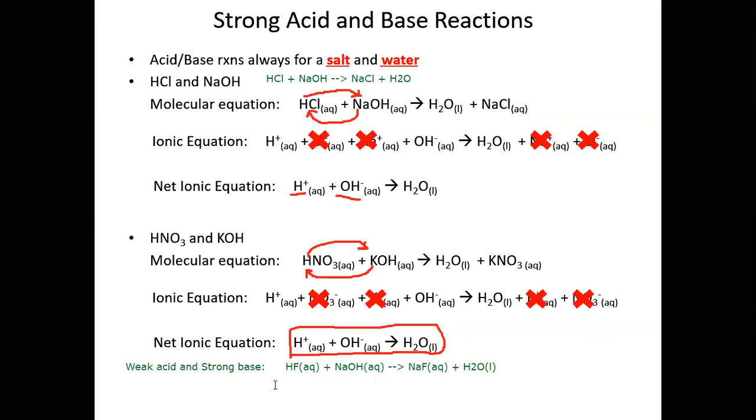But now when we write the ionic equation, notice that HF is aqueous, sodium hydroxide is aqueous, NaF is aqueous. But since this is a weak acid, and this is very important to remember about weak acids, this HF remains intact. So for weak acids, we don't break this apart.